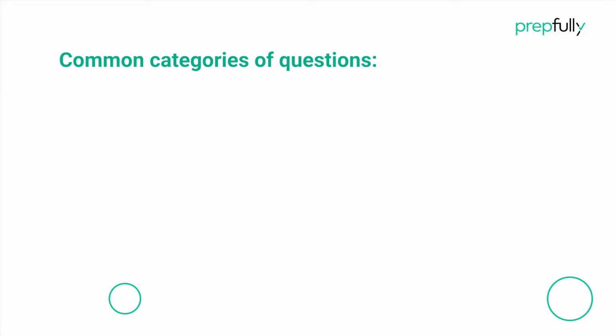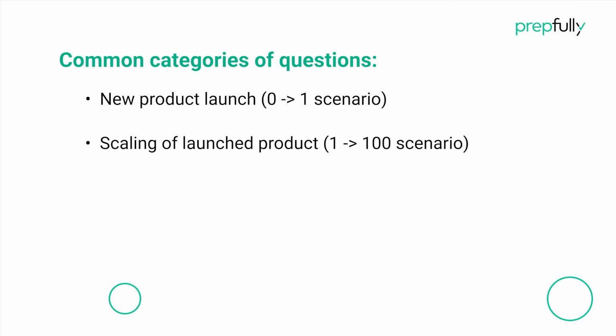Okay, so some common categories of questions would include a new product launch scenario, right? So how would you support a 0 to 1 kind of scenario where you have to consider preemptive metrics, experimentation, and really just gathering signal before there's anything live to users? Or it might be more of a scaling scenario, right?